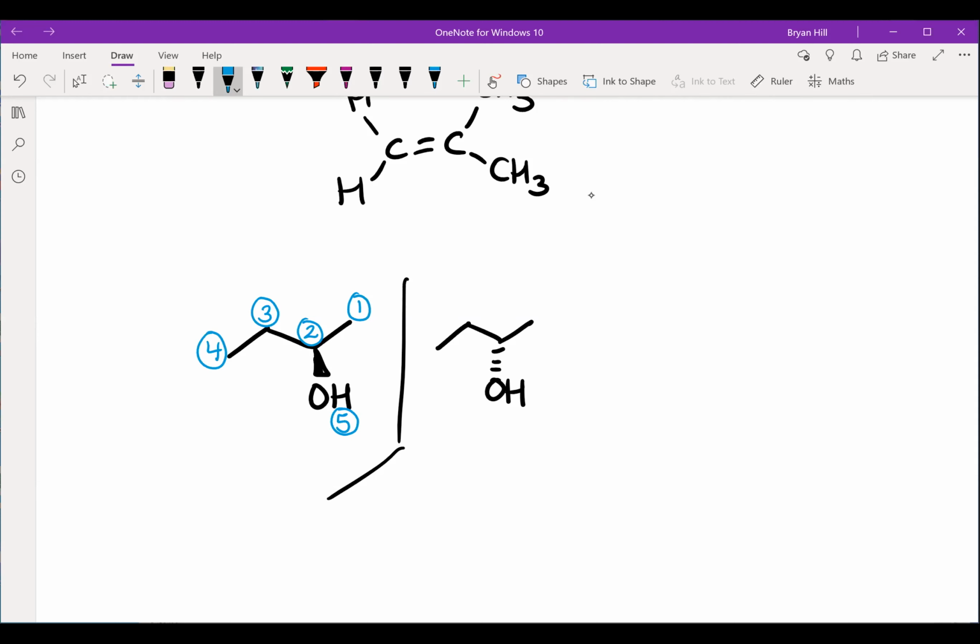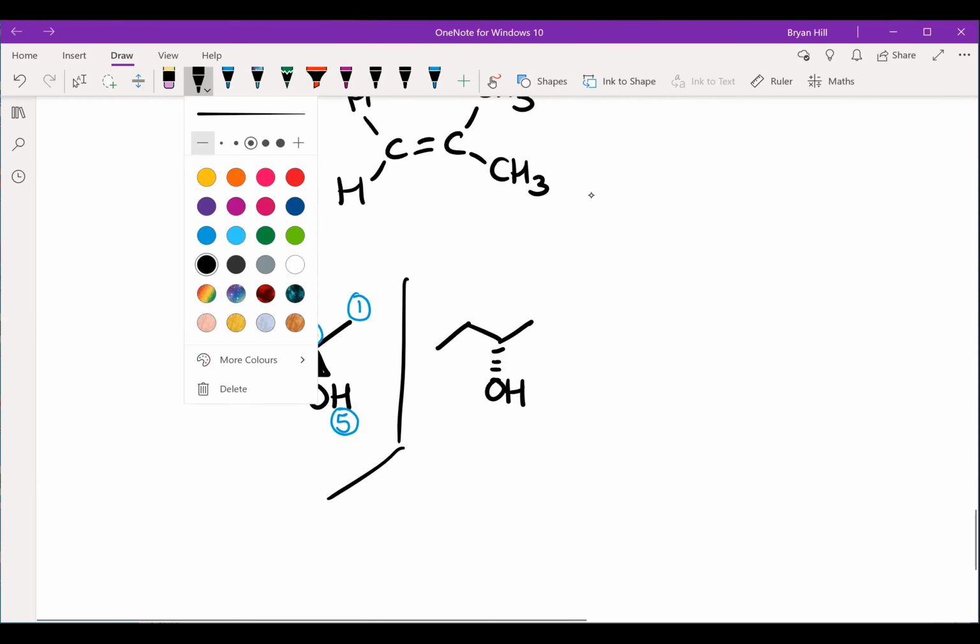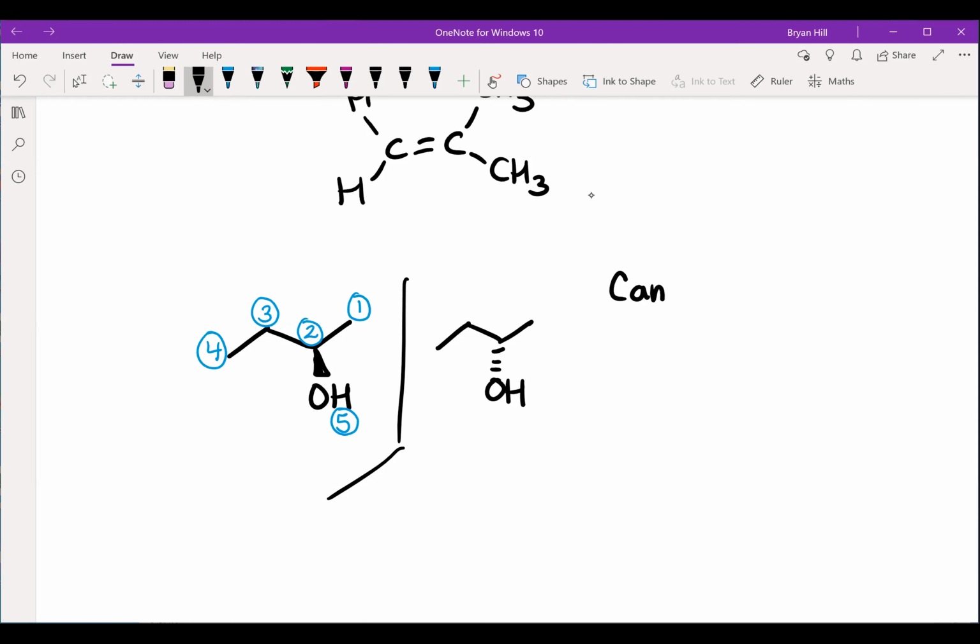Now you notice that there's an enantiomer of this compound where this OH is going into the background. The thing about NMR is that it can't be used to distinguish enantiomers.